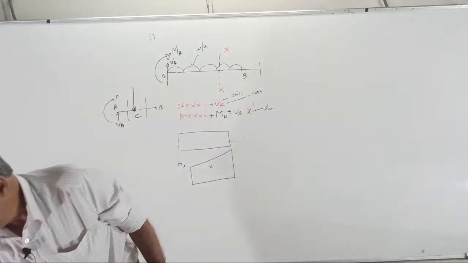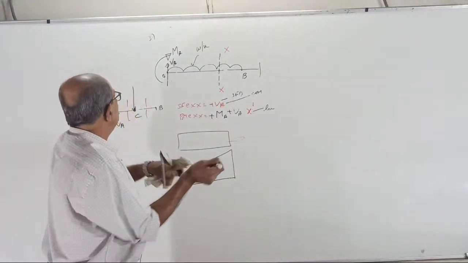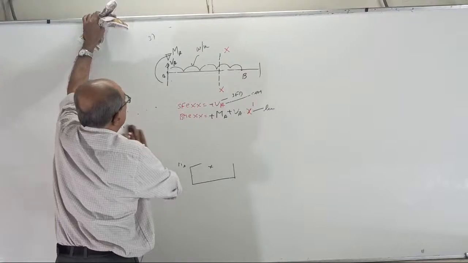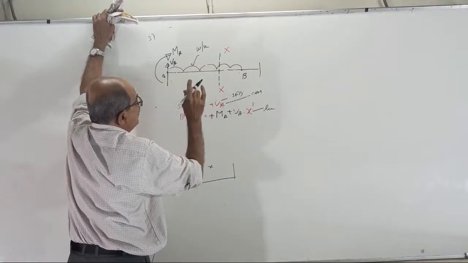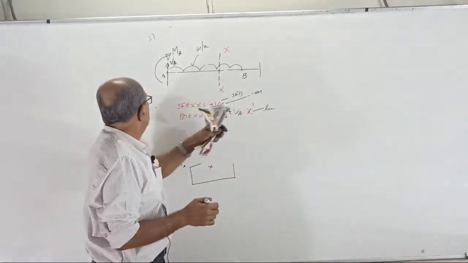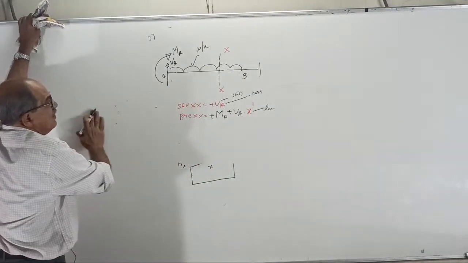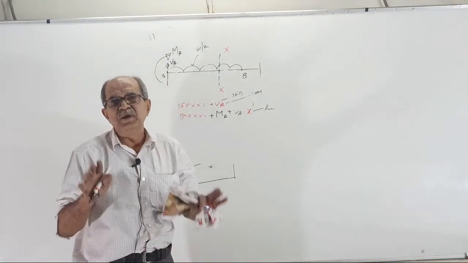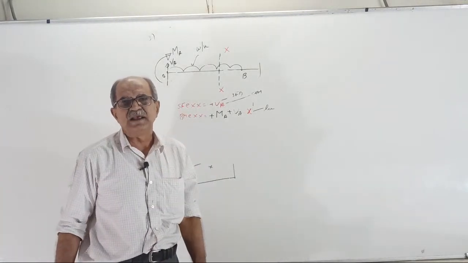So therefore, when you discuss the variation, after the second case, the third case is when there is a UDL between the two points. Now remember one thing. I'll write here, lastly once, and then remove it once and for all. In future, I will not tell. There's a limit for explaining.